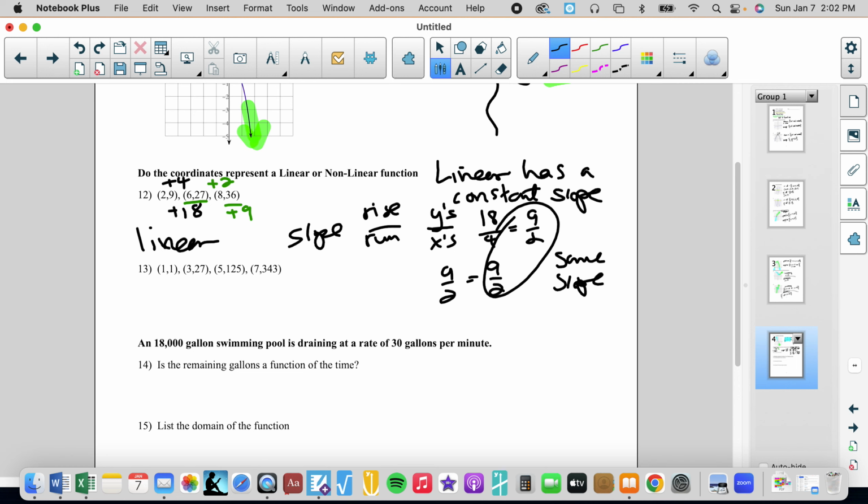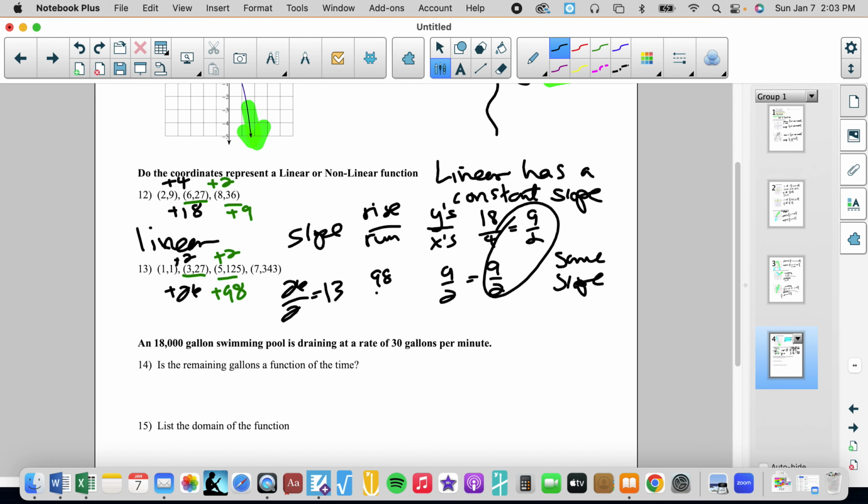Let's look at the next one. We're going to start with the x's. That's plus 2. And then the y's are plus 26. And we go to the next point. That's going to be plus 2, and that's going to be plus 98. So if we do the slope, which is rise over run, y's over x's, we have 26 over 2, which simplifies to 13.